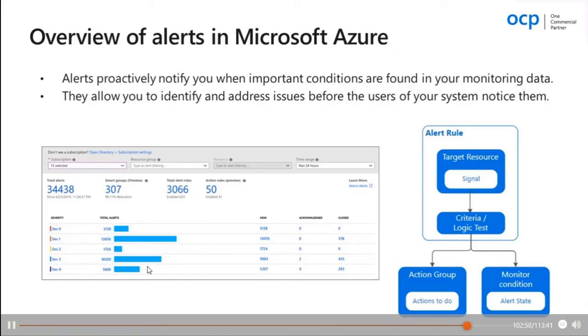And then on top of this, I can create alerts. Today we have a common experience for Azure alerts. This means that I can create an alert based on a signal like CPU performance on a specific virtual machine.